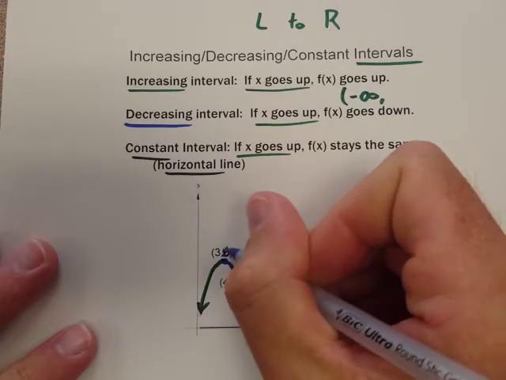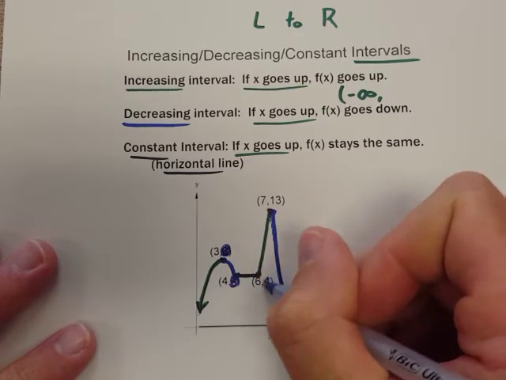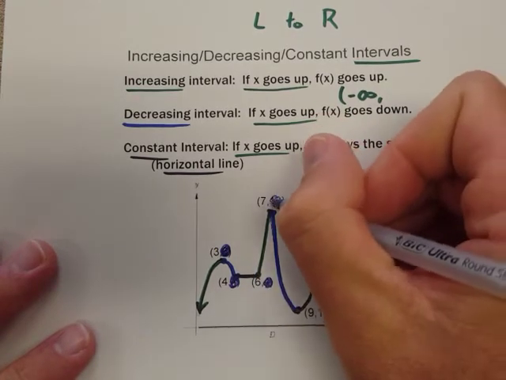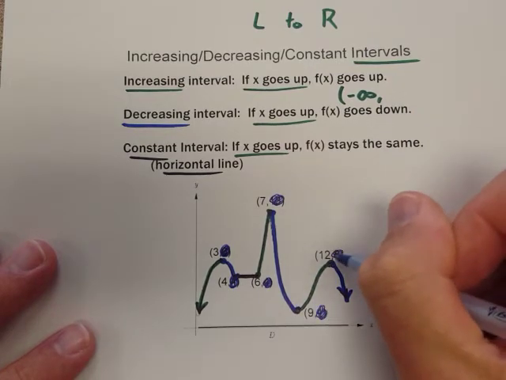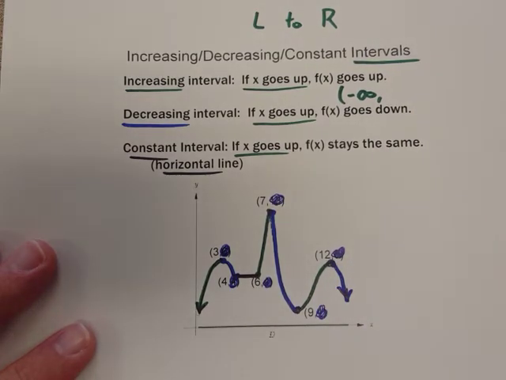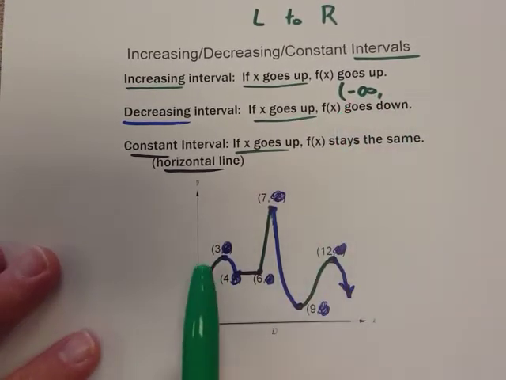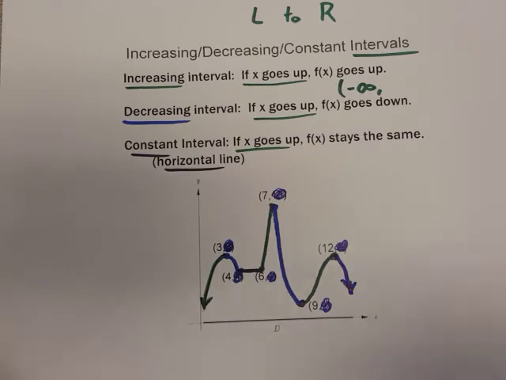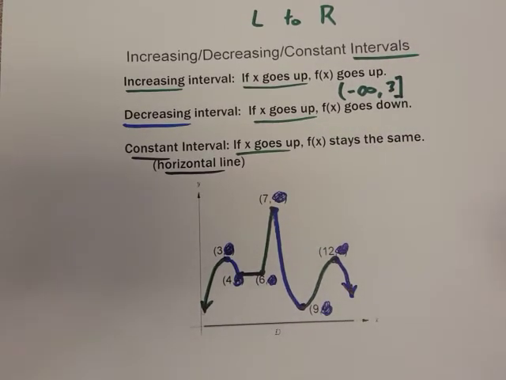And so what I would do here is just to get rid of some of the information we don't need, let's cross out the y values. We don't need the y values to describe the intervals in this case. That should make it a little easier just to picture too. So we go negative infinity to this x value of 3. So that's one of our intervals, and we're going to put a square bracket right there.